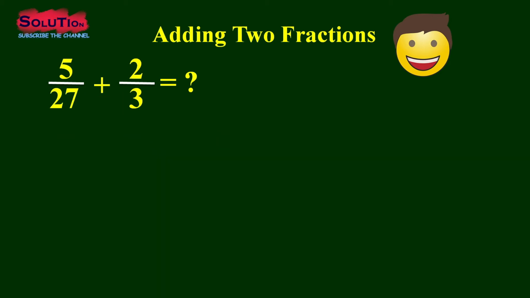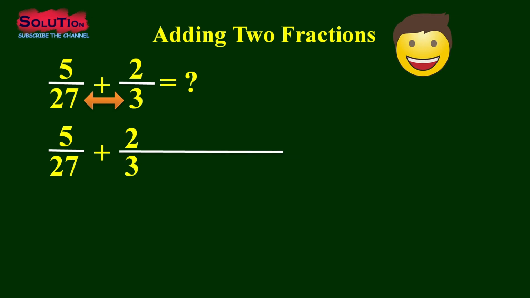Let me take another example. 5 by 27 and 2 by 3. So clearly this 27 and 3 is not same, the denominator is different. So all I have to do is convert 3 into 27. So 5 by 27 is there, and 2 by 3 I have to convert.